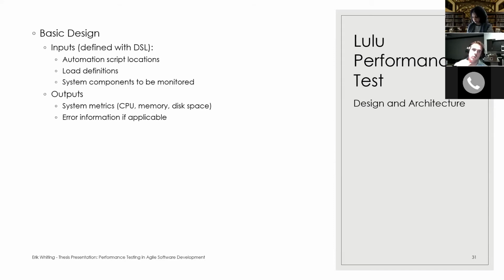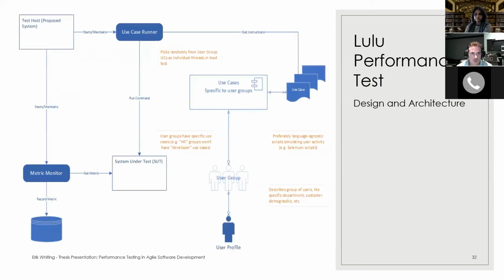In LPT, a script is going to represent a user, and we're going to say, I want 500 people running this script, or I want 10 people running that script, and it's going to do that to the system to simulate an actual normal day of usage for that system while monitoring system metrics like CPU usage or memory usage.